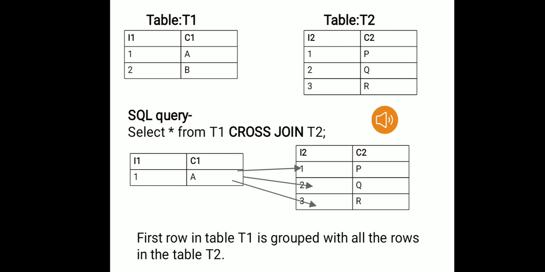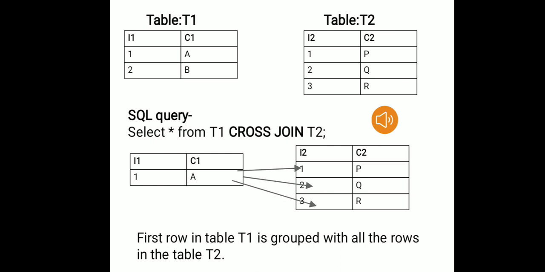Hence 1A from the table T1 is first grouped with the first row entry 1P of the table T2. Then 1A is again grouped with the second row entry 2Q of the table T2, and then it is grouped with the third row entry 3R of the table T2.